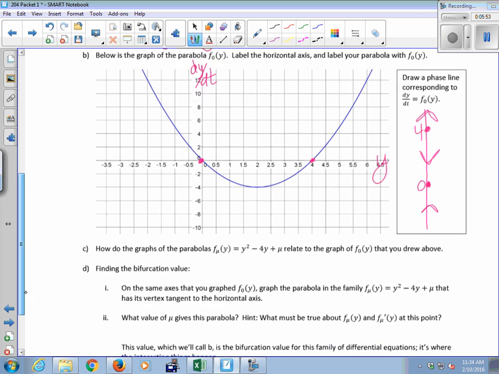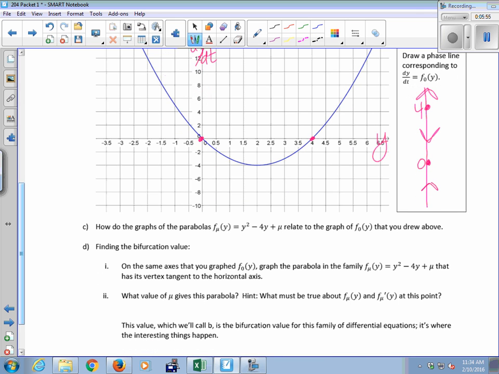So for different values of mu, if I pick something other than 0, how would it relate to the graph I just drew? It would shift the graph vertically up or down by mu. Yep. It shifts f0 vertically by mu.